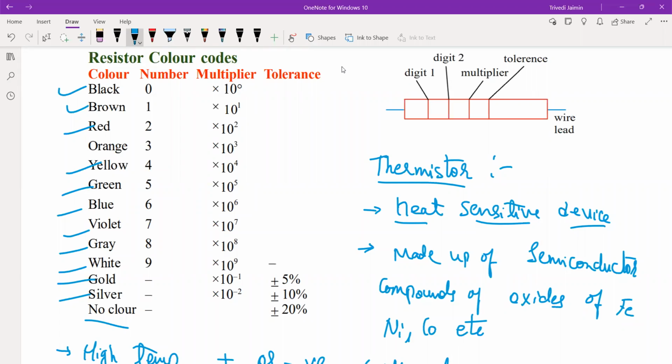And last is no color. First digit, second digit, multiplier, tolerance. This color coding is very simple. Can you remember now?